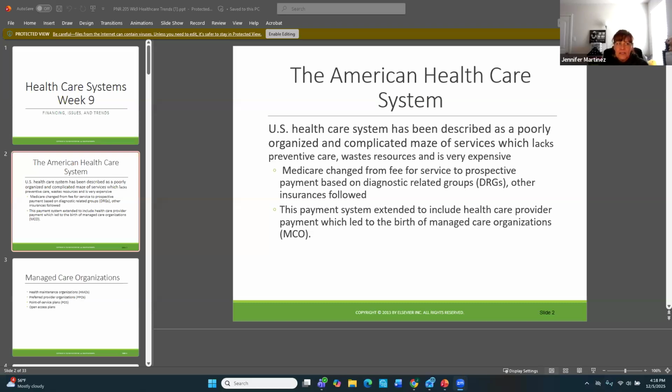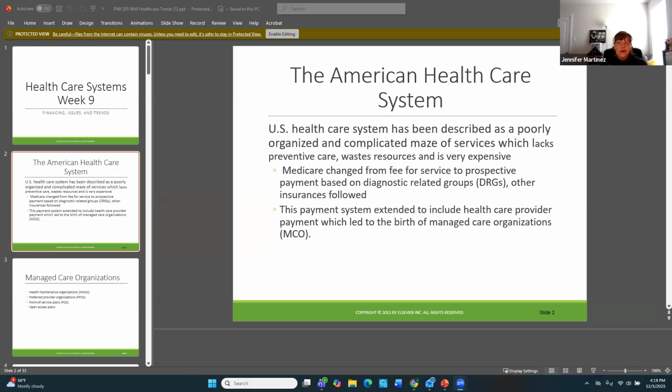When we talk about US healthcare, everybody has their own opinions about the wonderful healthcare system in the United States. But it has been described as a poorly organized and complicated maze of services that lacks preventative care, wastes resources, and is very expensive. And if anybody has ever used the healthcare system, you know that can be very true.